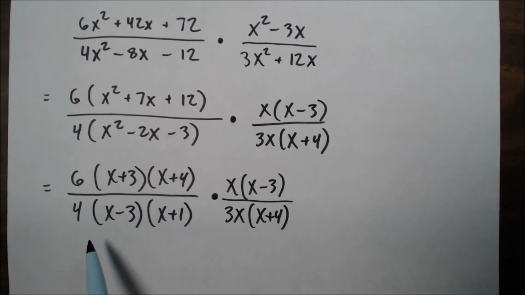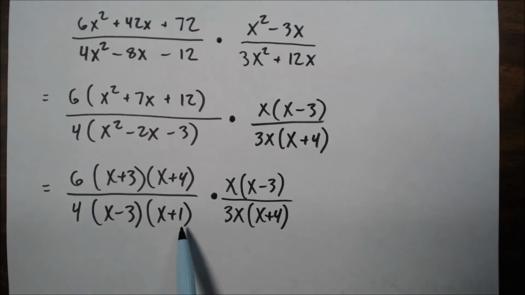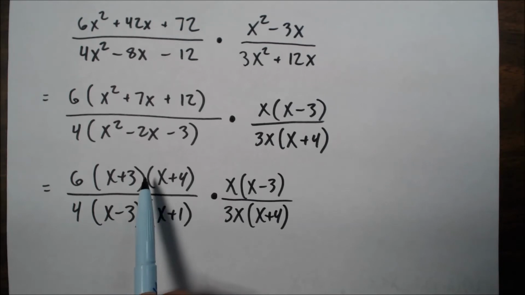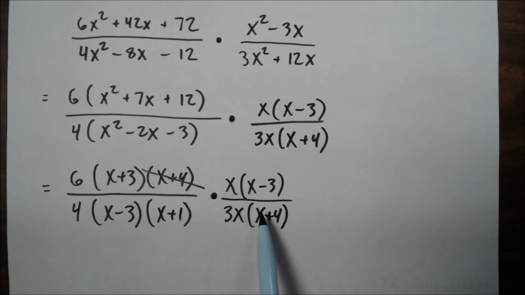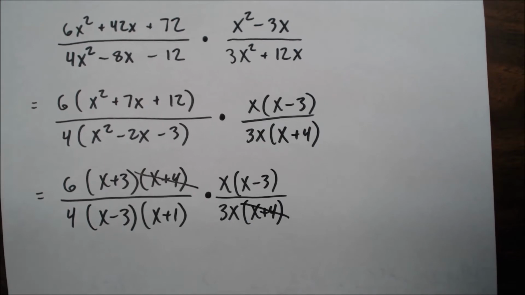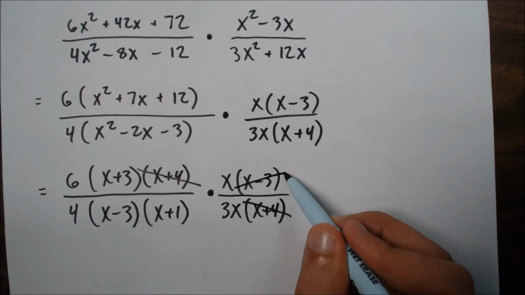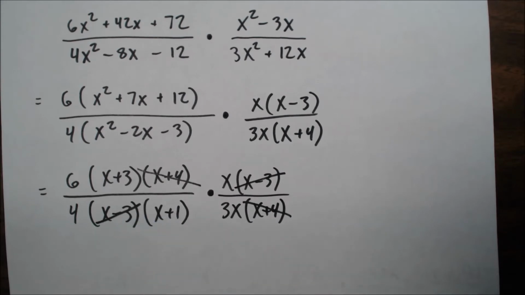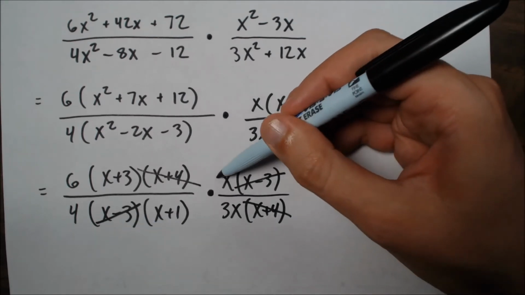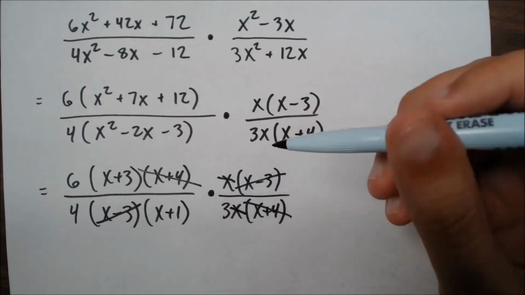So what can I cancel? Is there anything on the top that cancels with something on the bottom? Is there an x plus 3 on the bottom? There's an x minus 3, but not a plus 3. What about an x plus 4? I see an x plus 4 here and an x plus 4 here. What else? There's an x minus 3 and an x minus 3. There's an x here and an x here that cancels.